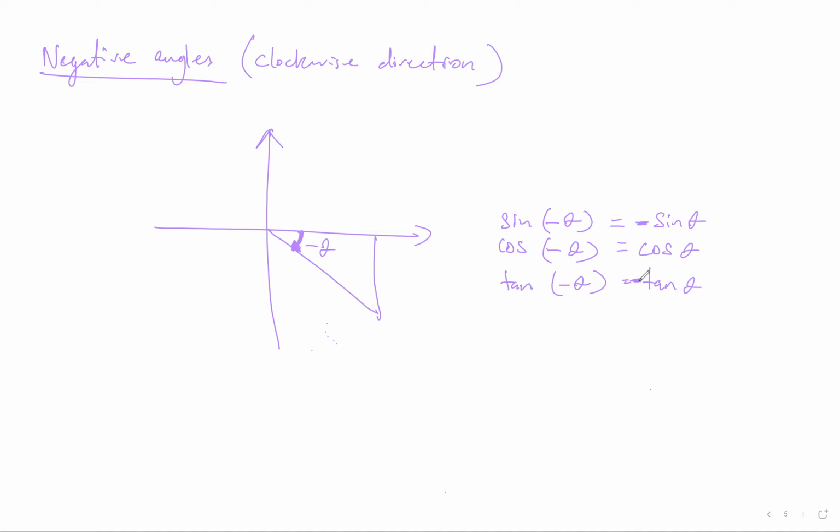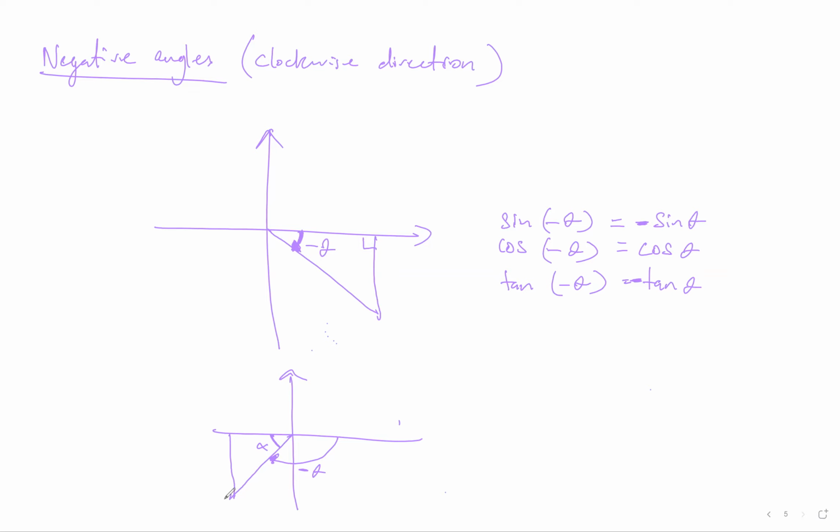Maybe I go through one more. What if I go over here? From here to here is my negative theta. This is your alpha here. Again the same thing, you're talking about a negative angle.